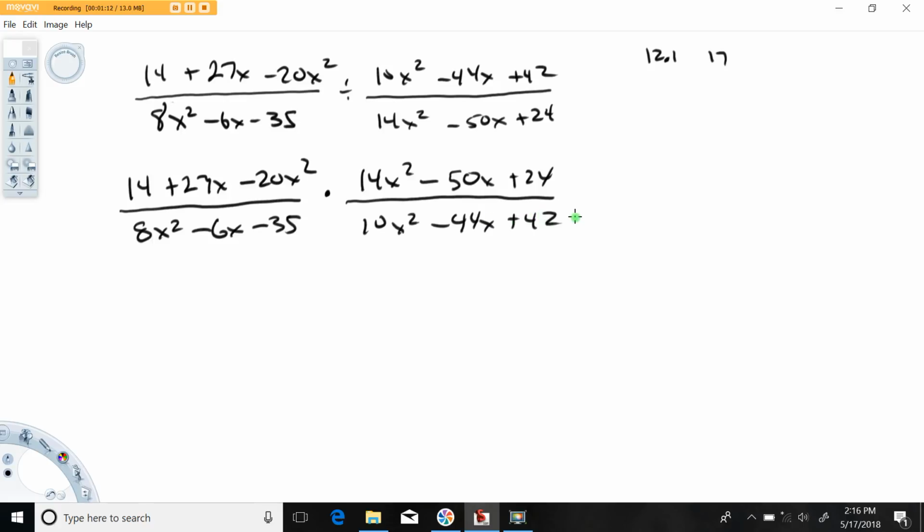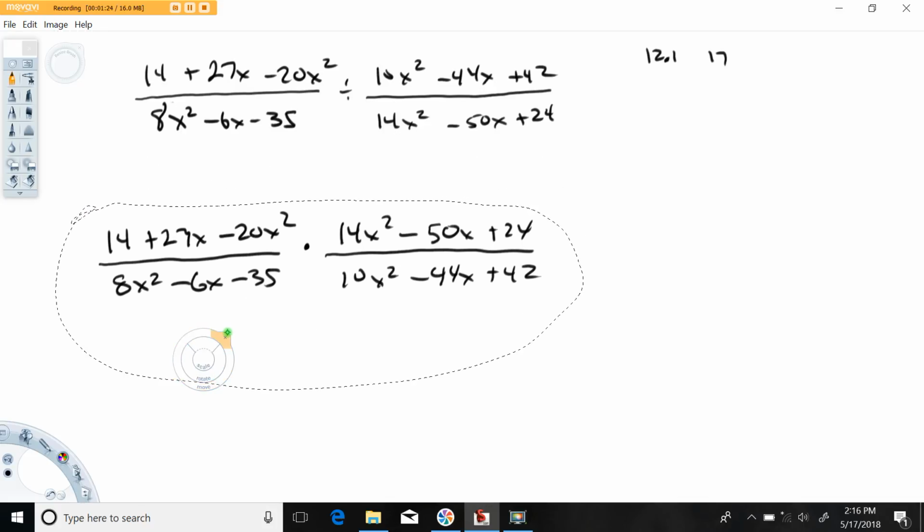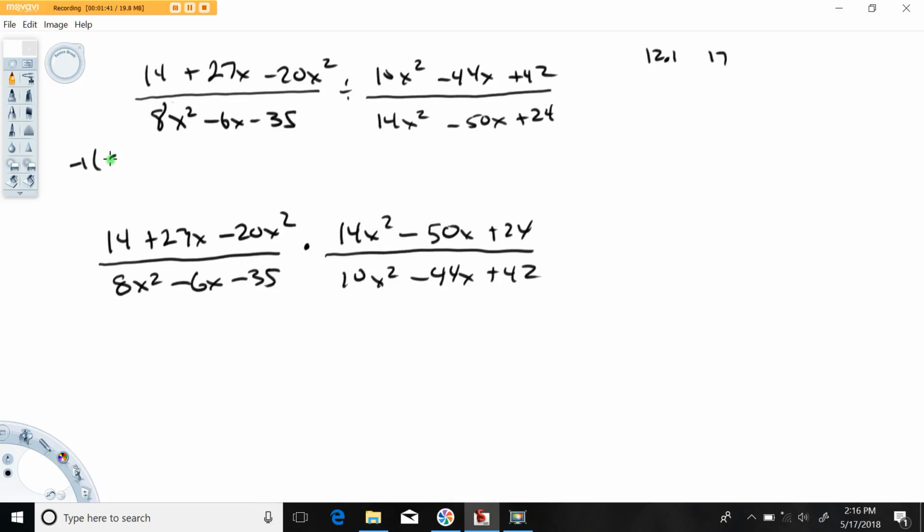All right. The next thing to do, we've got a lot of factoring to do. I'm going to take this and move it down here. I don't even have enough room on my screen to do all of this, so I'm just going to write some of the results that I've done. This guy right here, if we factor a negative 1 out, we end up with negative 1 times the quantity 20x squared minus 27x minus 14.